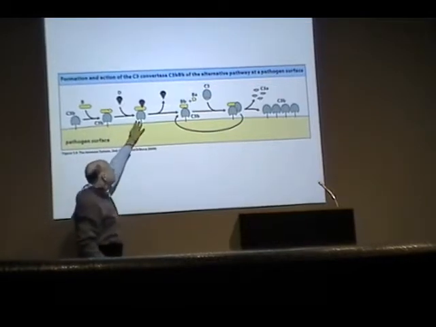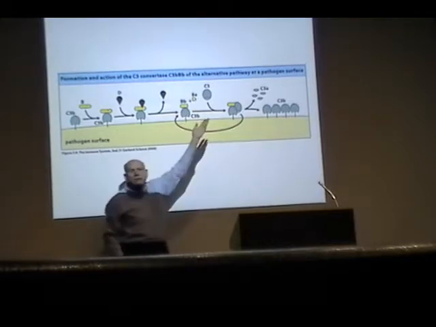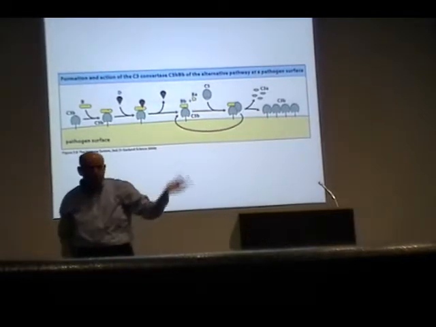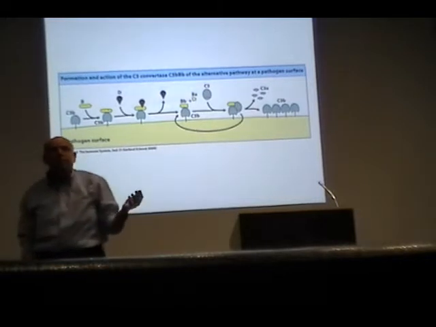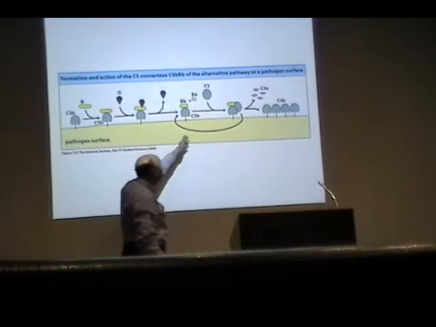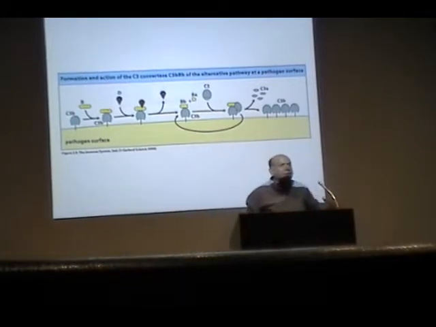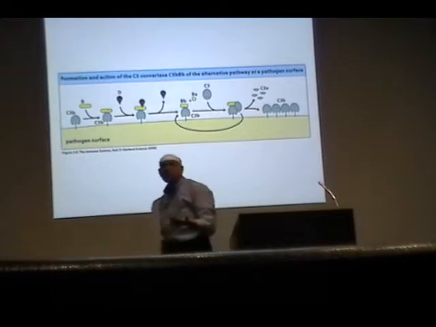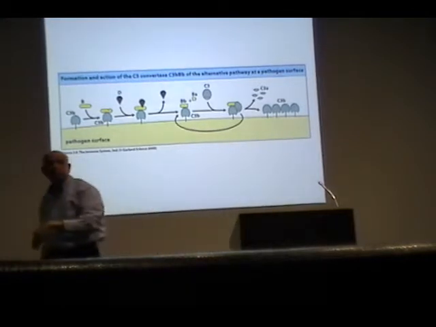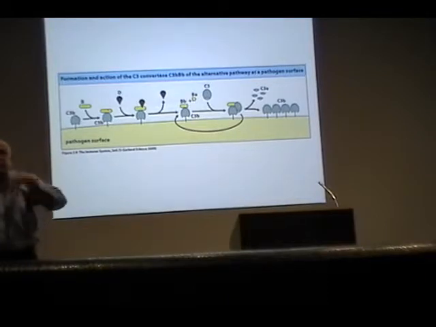D cleaves B to create Ba and Bb. Now you have C3bBb. That is the high-powered C3 convertase. Lots of C3 in serum. More C3 is converted. Now you've got this enzymatic, catalytic addition of a lot of C3b onto the surface of the bacteria. And it's all happening rapidly because it's all in one place. It's not just floating around in liquid.